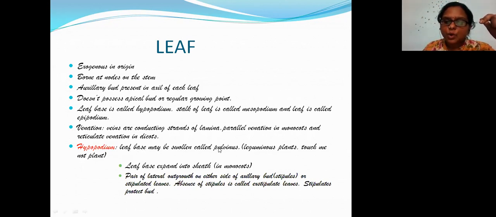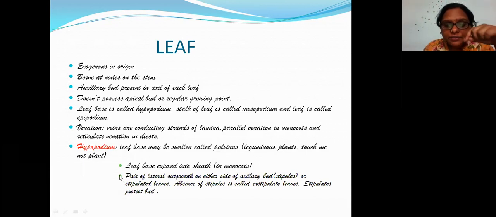Leaf base may be swollen, called pulvinus, and you can see this very clearly in the touch-me-not plant. Have you seen the touch-me-not plant's base? It will be so thick, and in the leguminous plants and all. So pulvinus can be seen in the leguminous plants and the touch-me-not plant. Here what they are trying to say is the modifications of hypopodium.